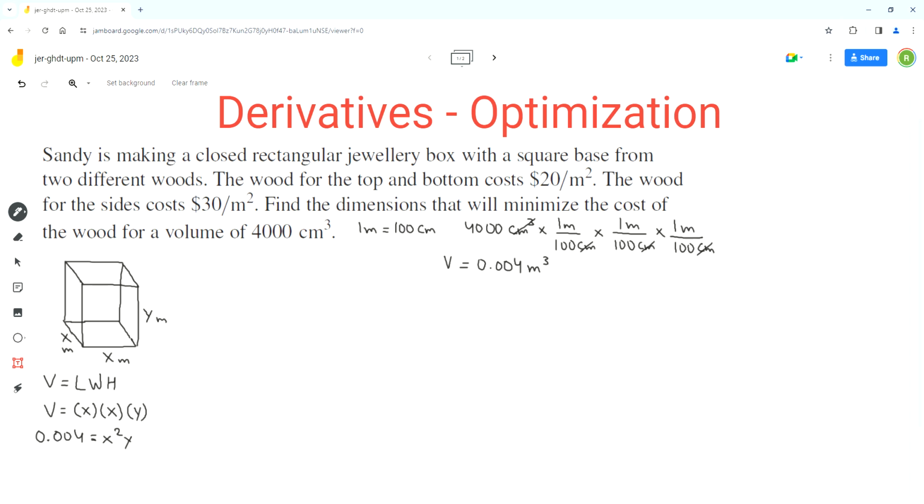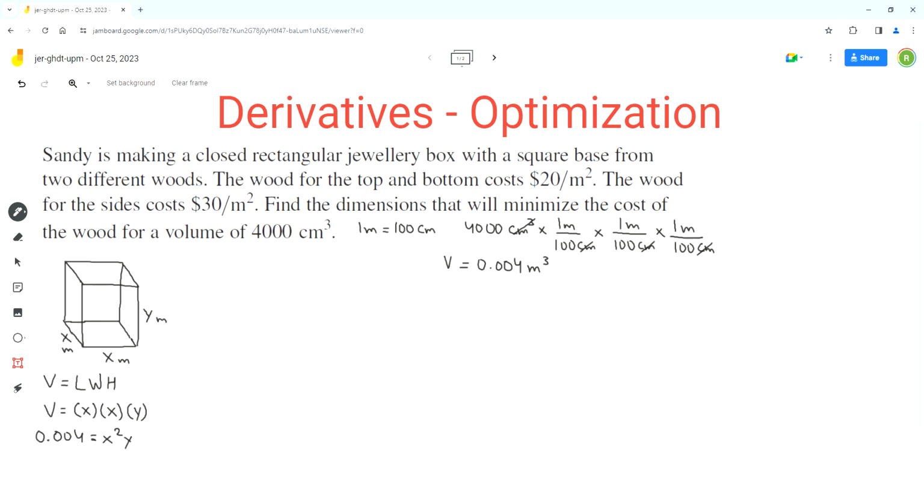Now we are given the cost of the top and the bottom and the sides of this box. In order to write the cost for the whole box, we'll have to first find the cost for the top, the bottom, and the sides.